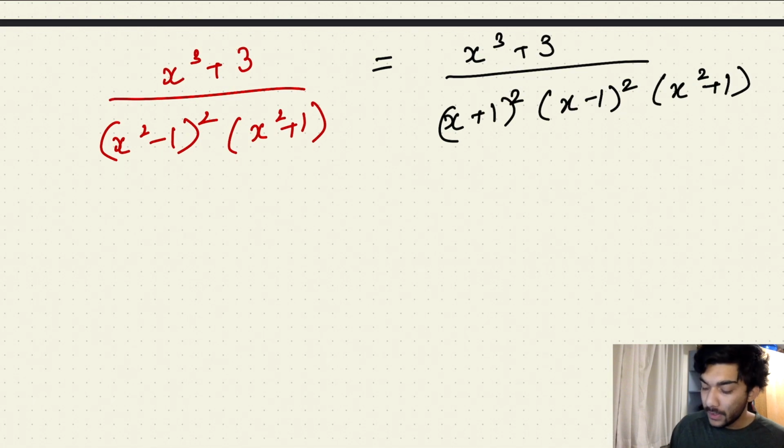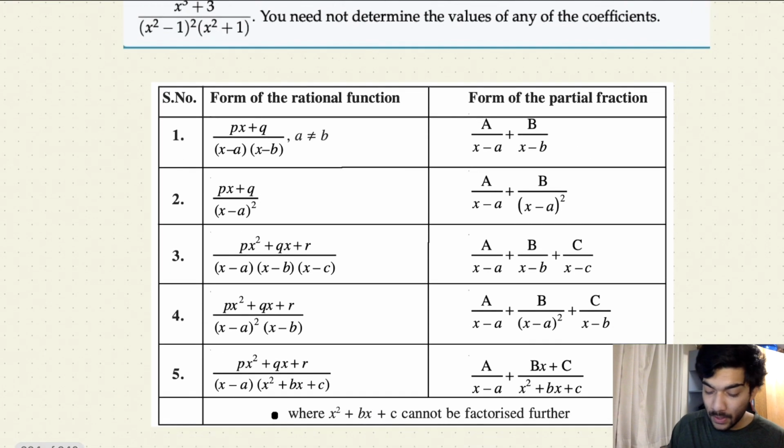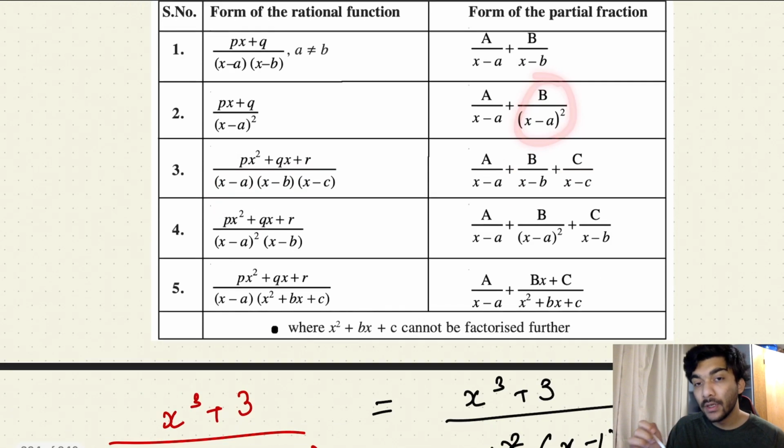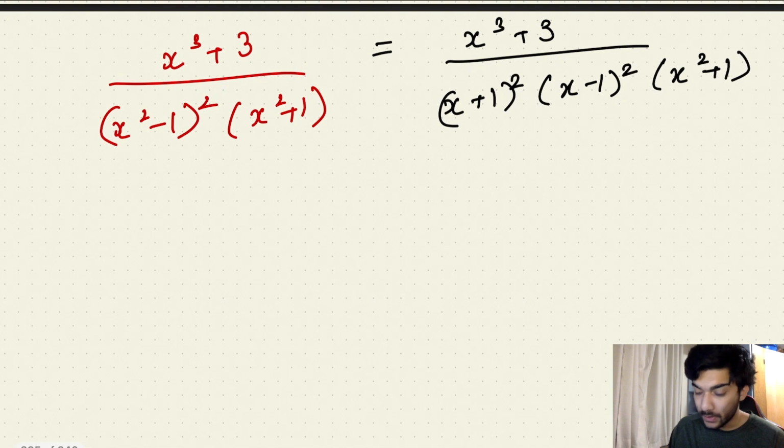So now first let's take the x plus 1 whole square term. We know that whenever we have an x minus a to the whole square term, we simplify those expressions as follows: first you take the term which is in the square, you put that in the denominator and have a constant in the numerator, and then you square that term and do the same thing with another constant, right?